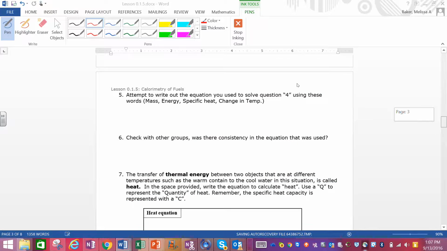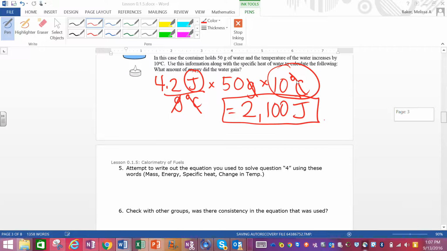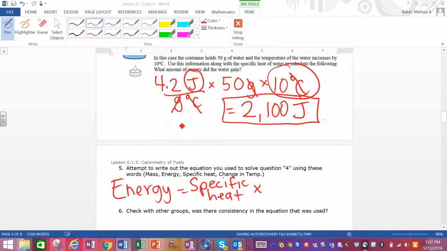All right, so if I'm rewriting number 4's numbers in words, I'm going to say that the total energy is equal to the specific heat, that's that 4.2 joules per gram degrees Celsius, multiplied by the mass, multiplied by the change in temperature.